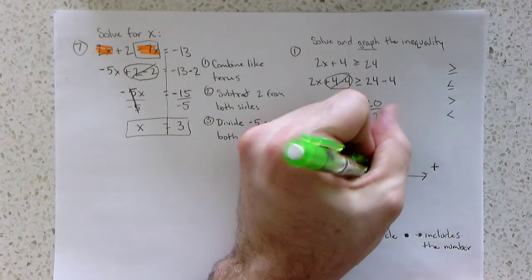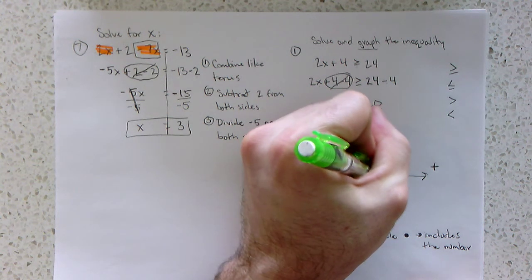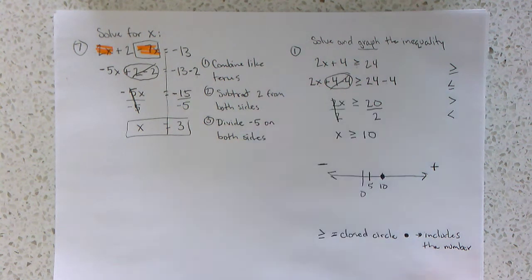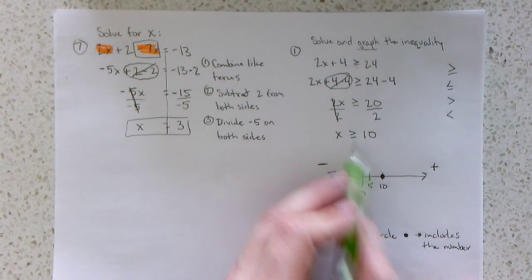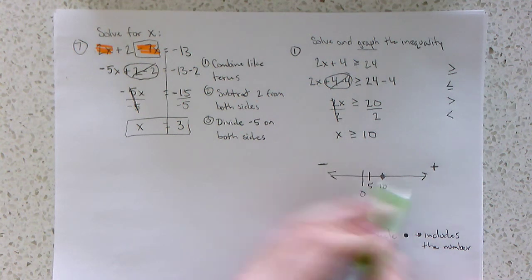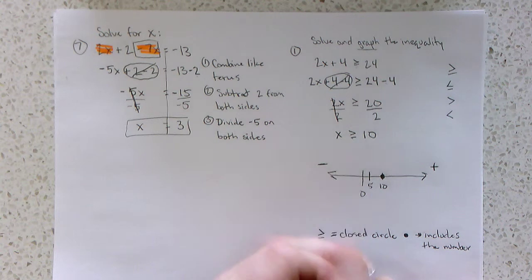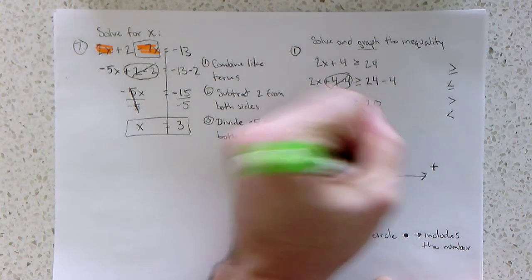So it includes the number. So I'd have a circle like that on my graph, a closed-in circle, filled in, meaning that x can be bigger than 10, or it could actually equal 10 as well. So that's why we have the closed-in circle.